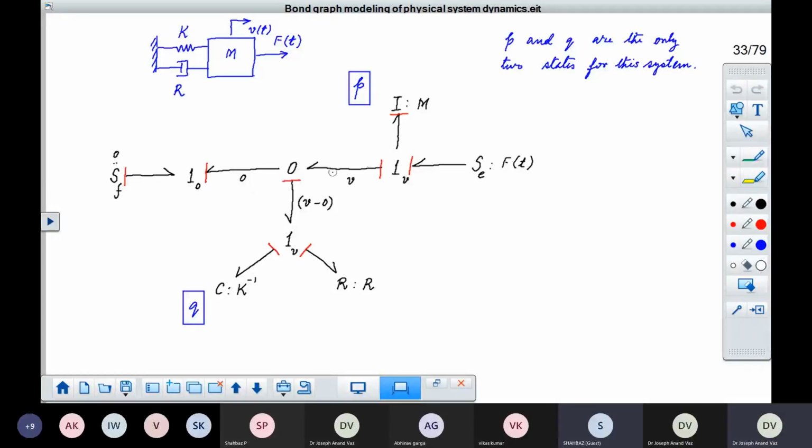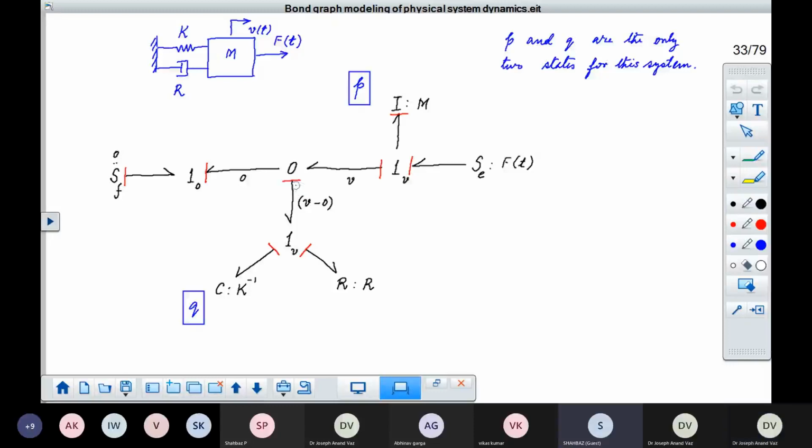Now what is this flow? It is the velocity v because it's connected to this one junction here. And this flow here is zero because it's connected to this fixed end. So this velocity is equal to v minus zero, which is v.